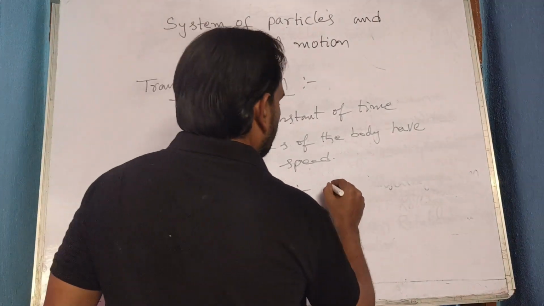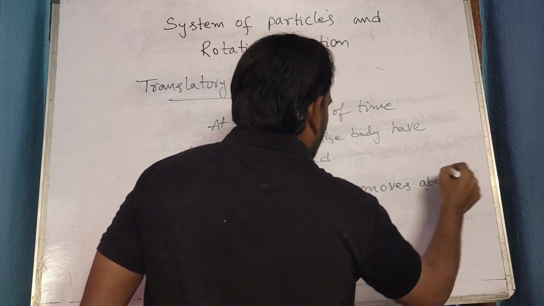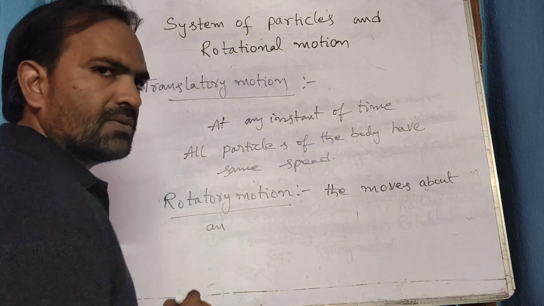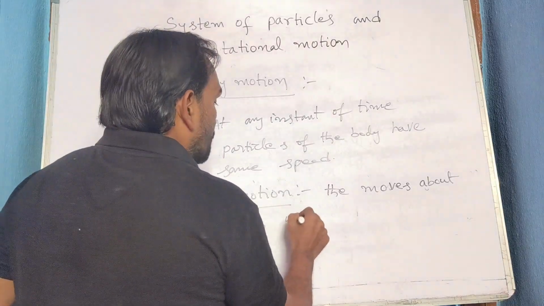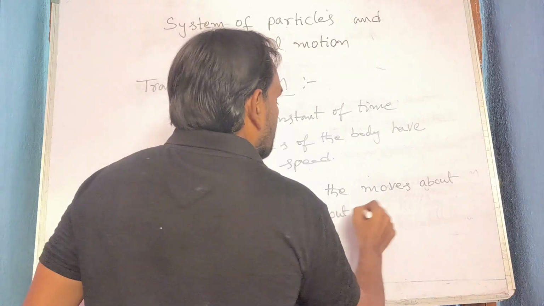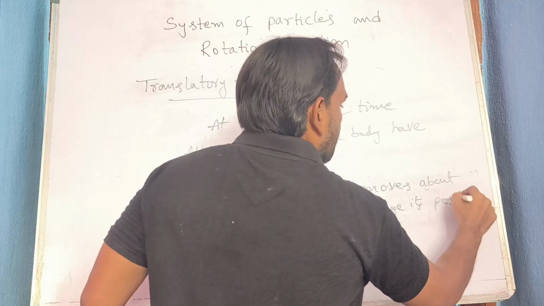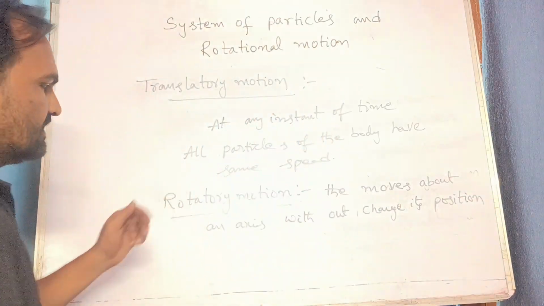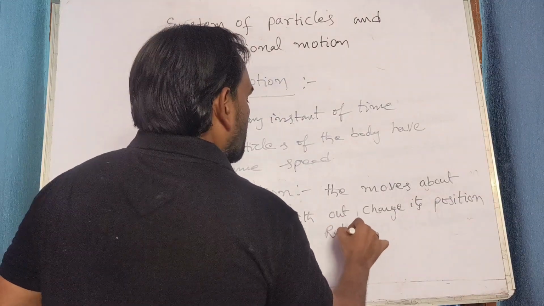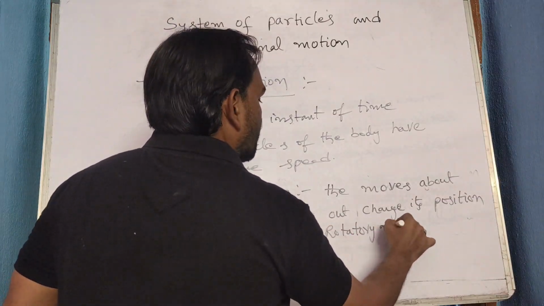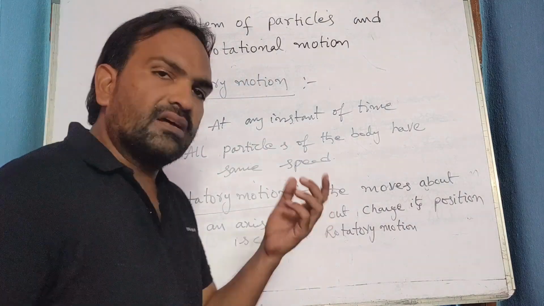The body moves about an axis without changing its position. This is called rotatory motion. Observe carefully: the body moves about an axis without changing its position is called rotatory motion.